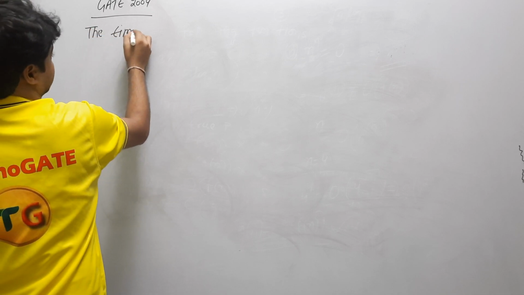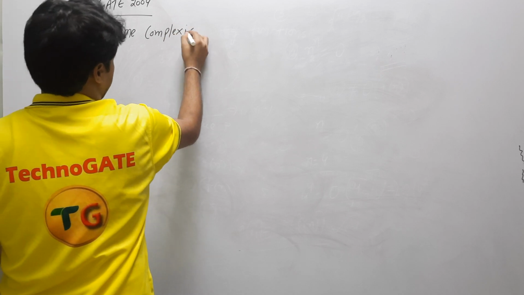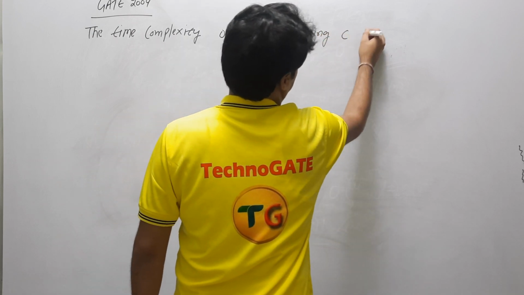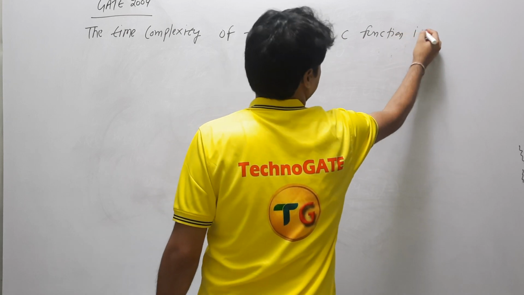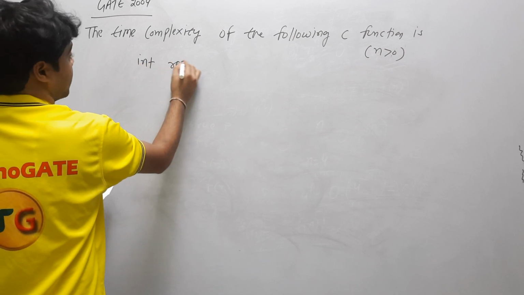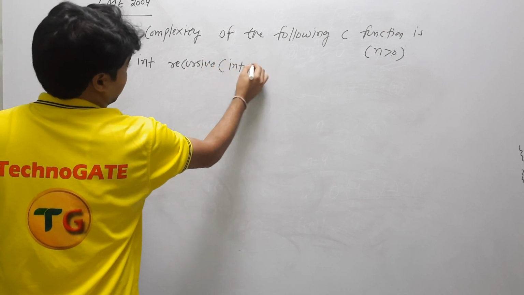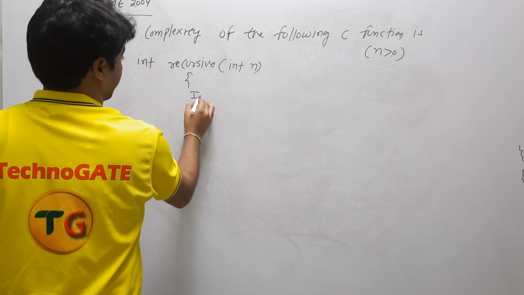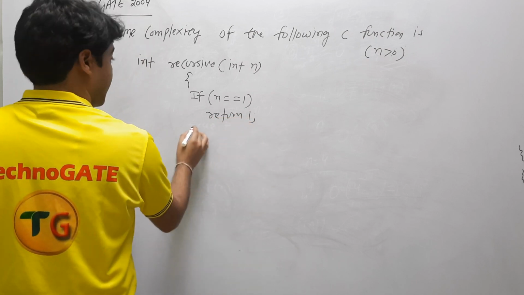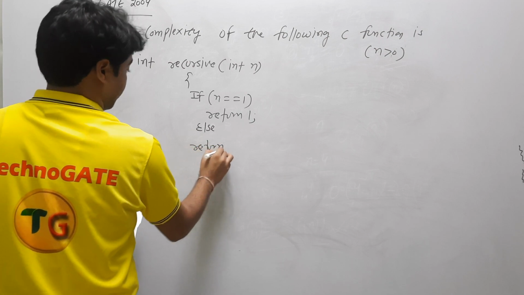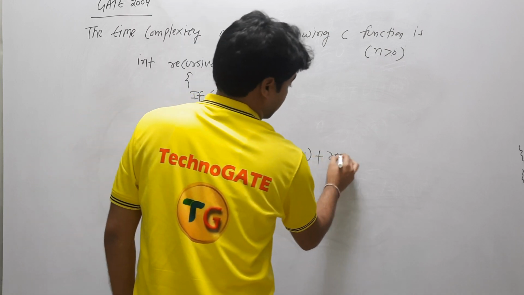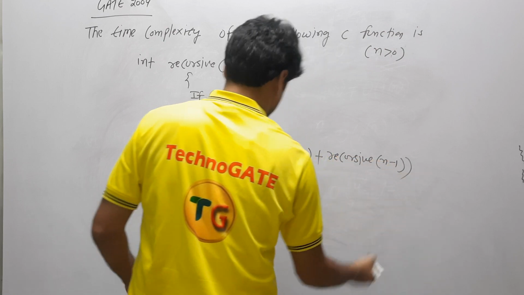The time complexity of the following C function, where n is greater than 0. int recursive(int n): if n equals 1, then simply return 1, else return recursive(n minus 1) plus recursive(n minus 1). This is the problem.